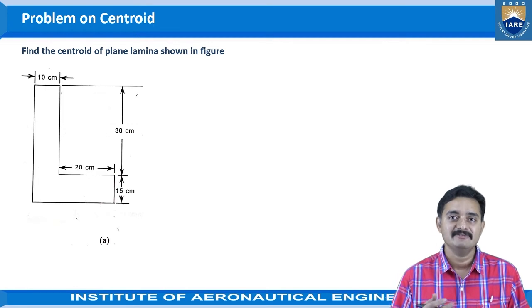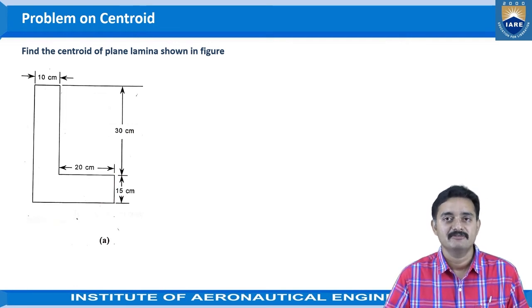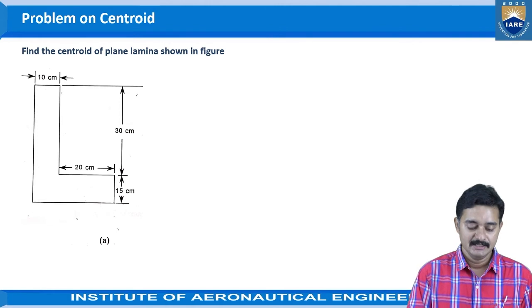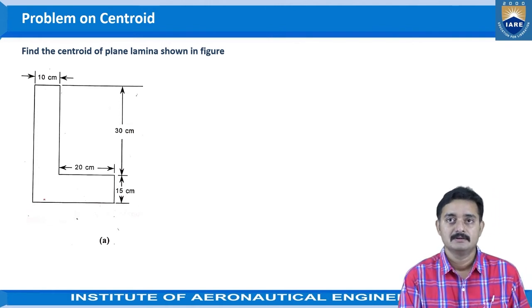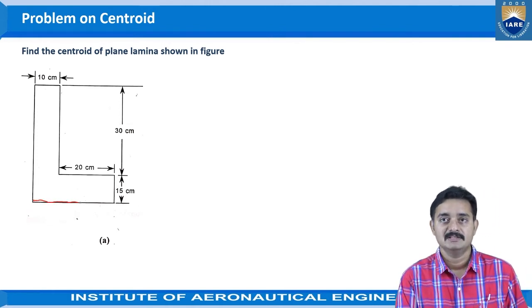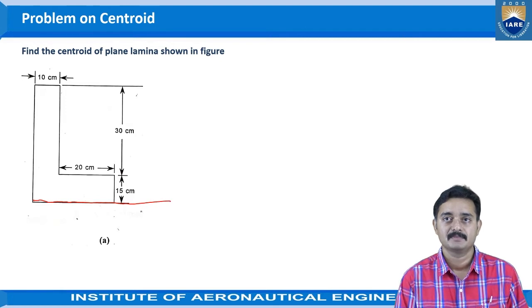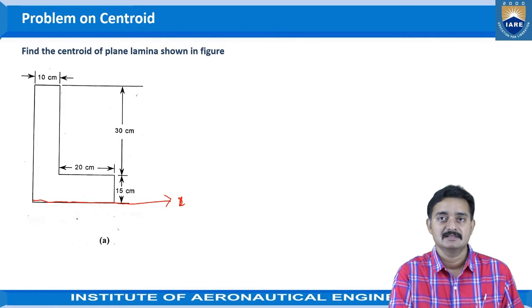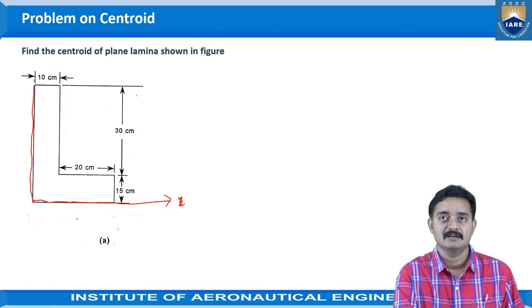Okay. So as the first step, we first need to finalize the reference axis for obtaining the solution. The reference axis for this particular problem is taken from the base of the lamina as the x-axis and the side of the lamina like this as the y-axis.